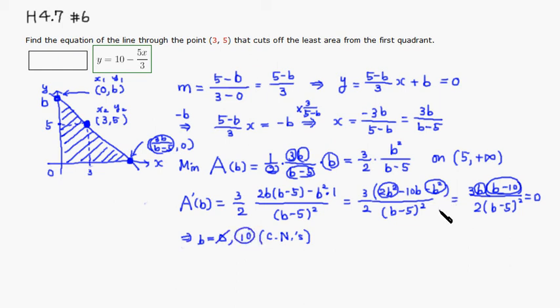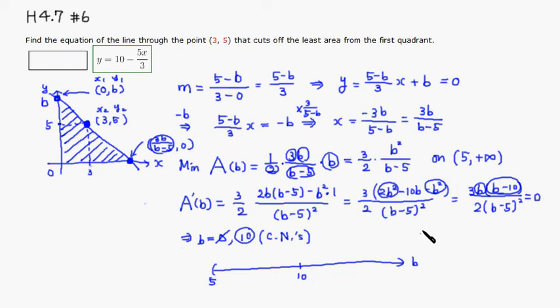All right, so let's make sure that that's going to give us the minimum value. All right, so let's do a number line. So starting from 5 and keep going. All right, then here's 10. All right, so that's the b value, and starting from 5, right? So we can try any number we want between 5 and 10.